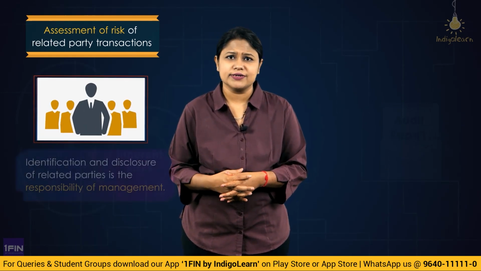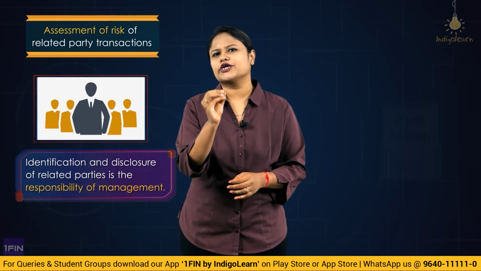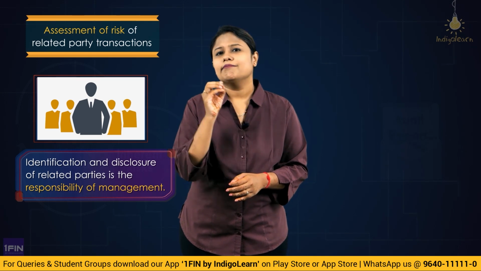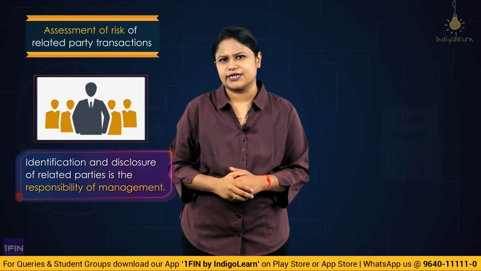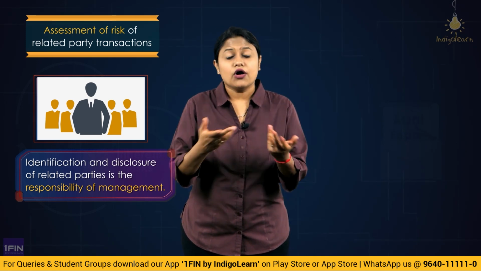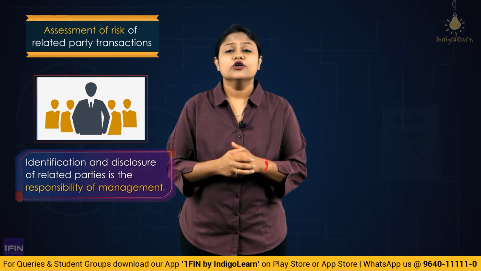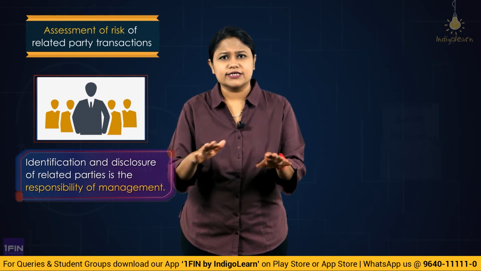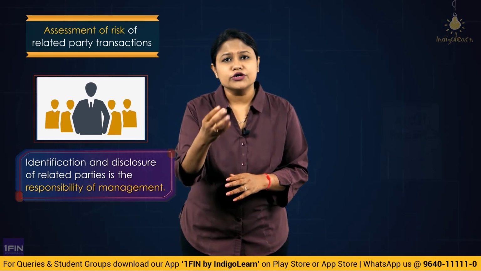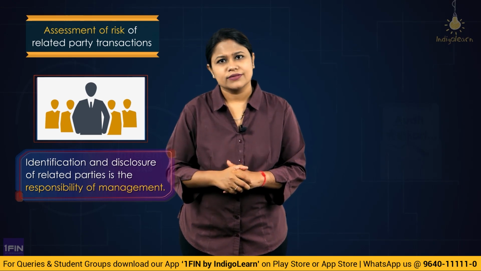It is obviously the management, because management is required to prepare and present the financial statements. So, in that case, it is the management who has to identify all the related parties, account for them, and disclose them, correct?